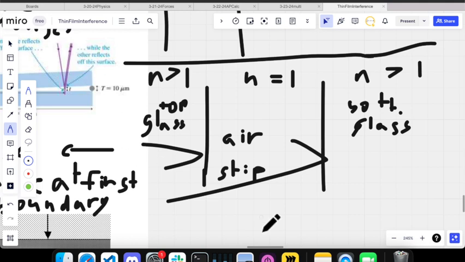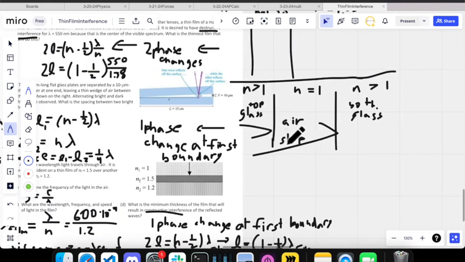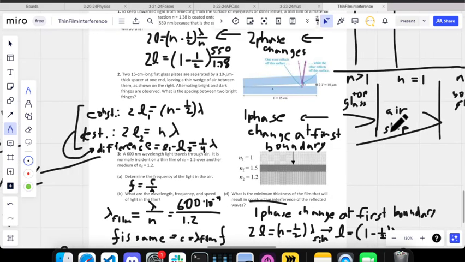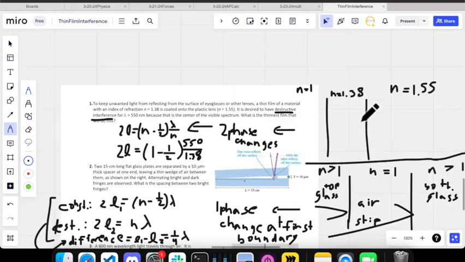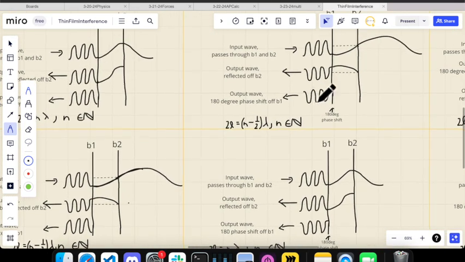If we want to ask what is the difference between when these constructively interfere versus destructively interfere, this is a scenario where there's one phase shift. In the constructive case, we get this formula. In the destructive case, we get this formula.